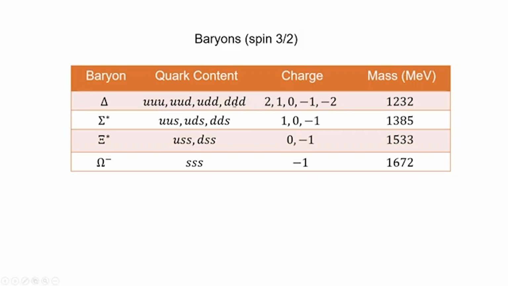So, 3 U's will have charge equal to 2 in the unit of proton charge, and then you have a UUD which has a charge 1, UDD has charge 0 and DDD has charge minus 1 and so on. Then there are the sigma star particles which are 1, 0, minus 1 for these, USS, DSS, and SSS and so on.